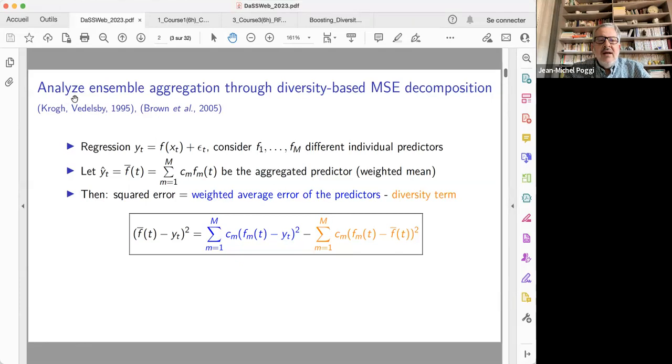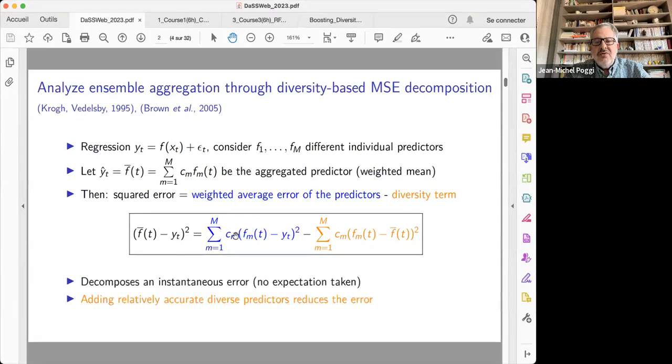The idea is to analyze the ensemble aggregation through the decomposition of the mean square error in terms of diversity. If you decompose this, you can prove that this instantaneous error is the difference between two terms. The first one, in blue, is simply the weighted average of the individual errors, that is, the squared difference between the prediction given by expert number m and the value of the measure.